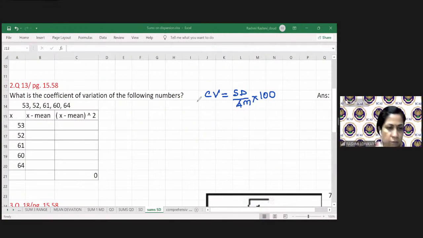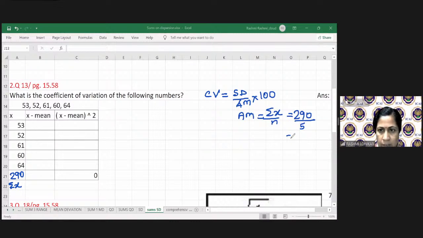Now, can I find what is summation x here? How much will be summation x? This is 53 plus 52 plus 61 plus 60 plus 64. That is 290. Yes, please check and let me know. So, arithmetic mean will be equal to summation x upon n. How much is summation x? 290. How much are the numbers n? 1, 2, 3, 4, 5.